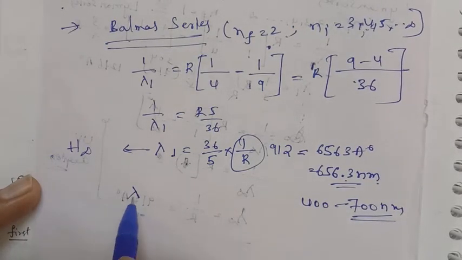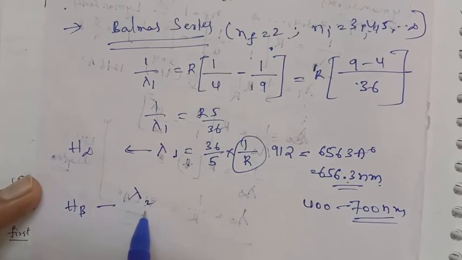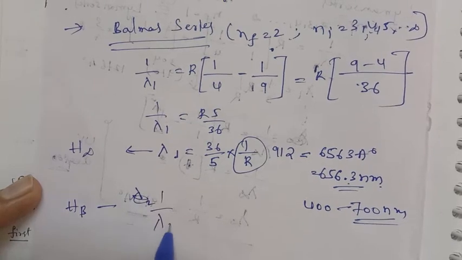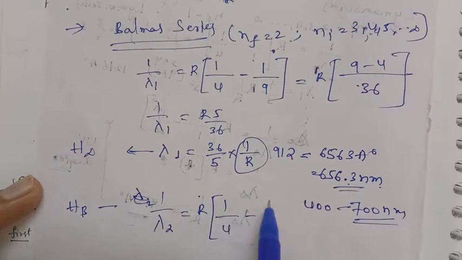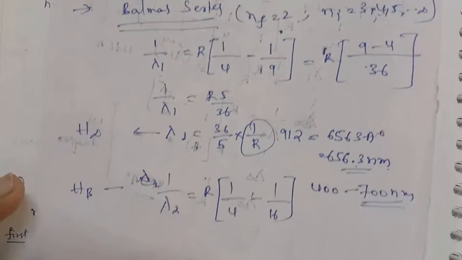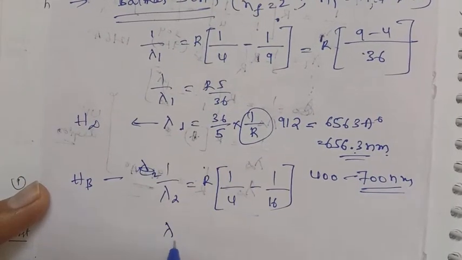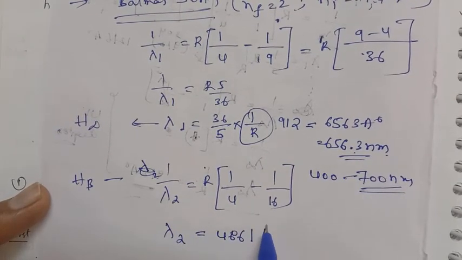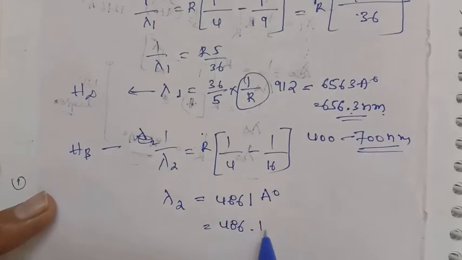What is lambda 2? That means H beta. So 1 by lambda 2 is equal to R into 1 by 4 minus 1 by 16, since 4 fours are 16. By calculating this equation we get the lambda 2 value equal to 4861 angstroms, or 486.1 nanometers.